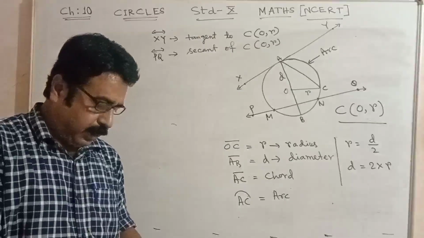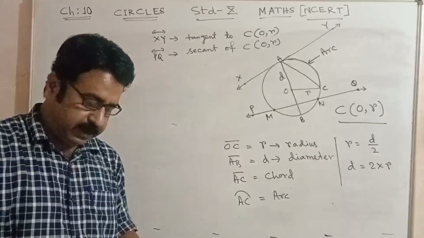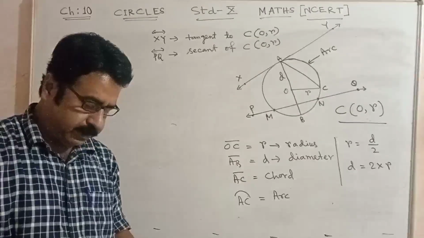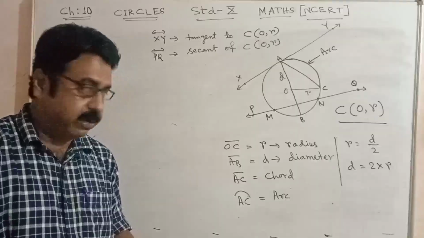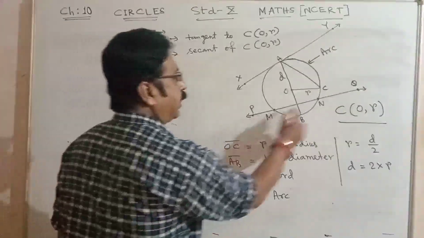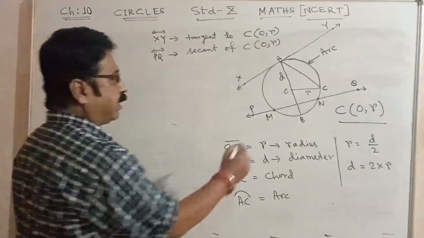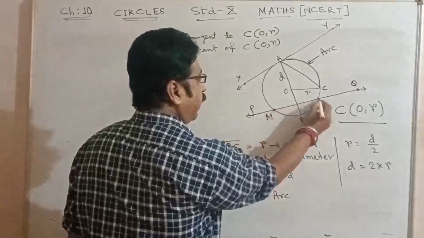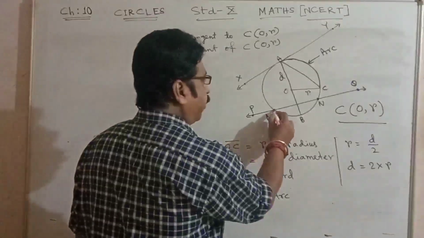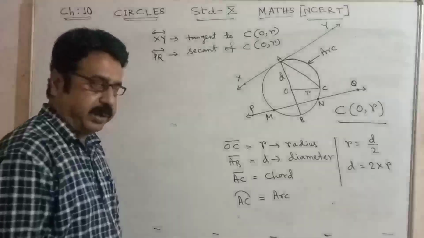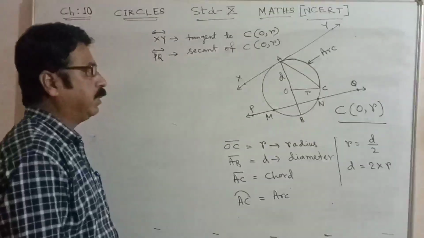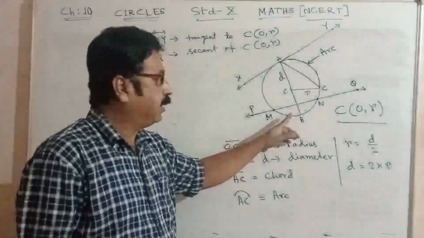Here it is given, the tangent to a circle is a special case of the secant when the two end points of its corresponding chord coincide. Suppose this is a secant PQ. It touches the circle at 2 points M, N. MN is a chord, and M and N are 2 distinct points.